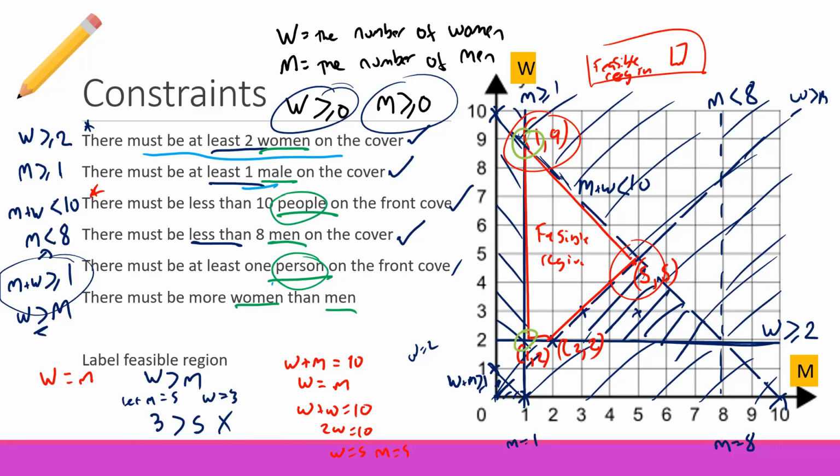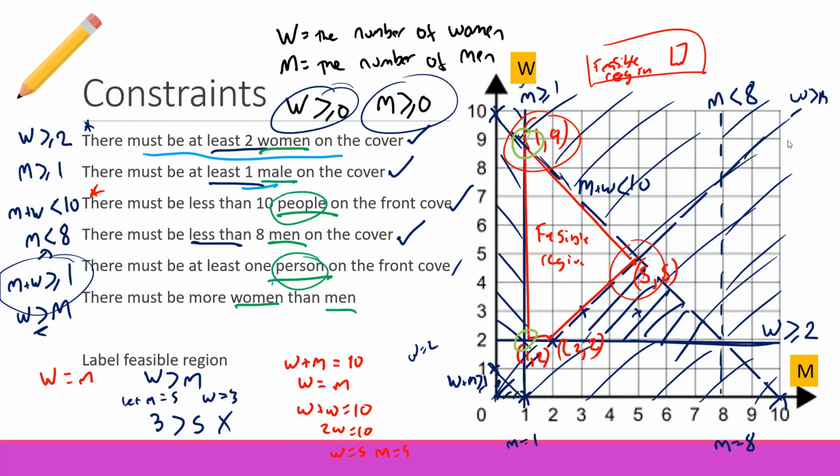So saying there must be at least one person and saying there must be at least one male, it kind of covers it up. You end up covering over the same land. It's like saying there must be at least two women on the cover, and then saying there must be more than one woman. Of course, there must be more than one woman if there has to be at least two. I hope that answers your question.